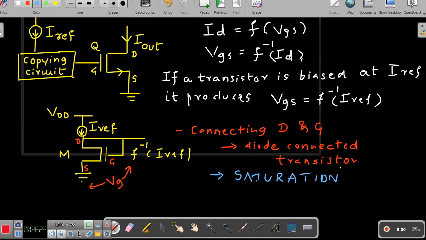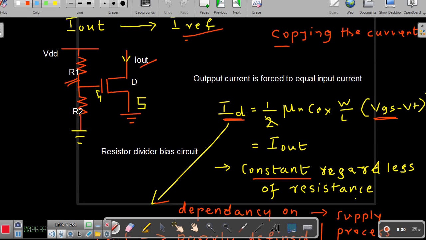Because all our assumptions, when we took the expression for ID in the previous case, hold for the current when the transistor is operating in the saturation region.